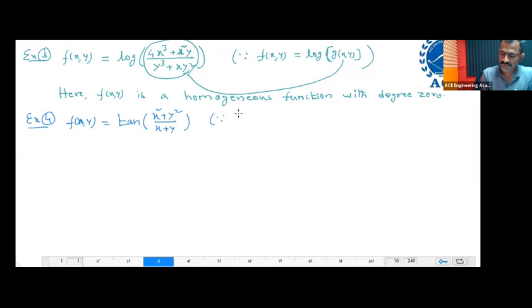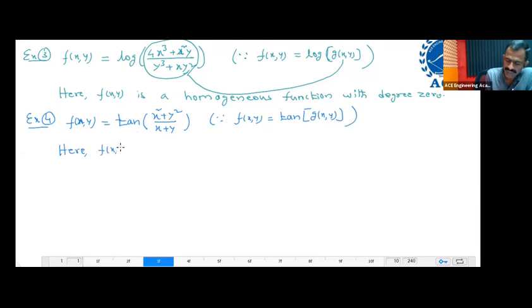Since it is in the form of f of x comma y equal to tan of g of x comma y, for this transcendental function, the inner function is x square plus y square by x plus y. This inner function is a homogeneous function, but with the degree 1, not degree 0. That is why the tan function is not a homogeneous function only.